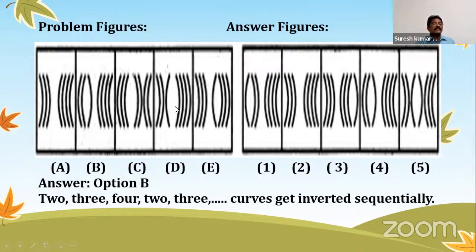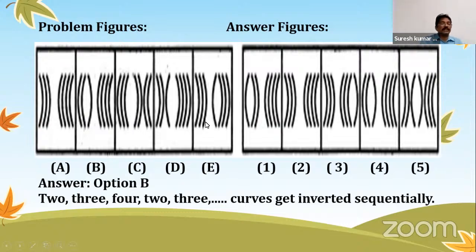Here 3, 1 is inverted. So obviously which is inverted? Observe 2 3 4 2 3 4. Like here how many are inverted here? Here this is the line. This one, if you consider this one 4, here 3, correct? Here 2, here 3, here 2, next 3 will come.